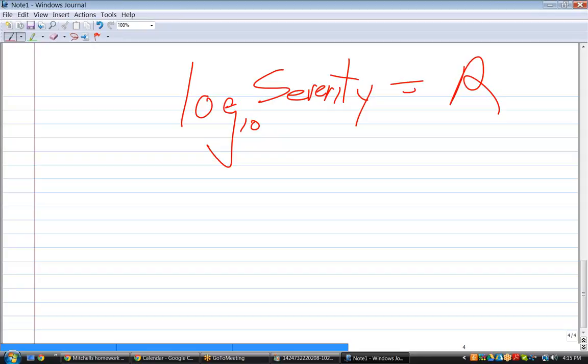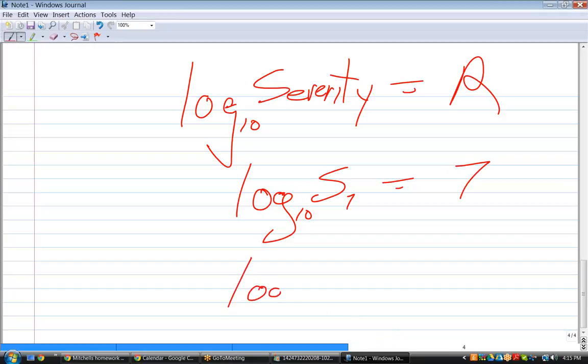So if one earthquake is a 7 and the other earthquake is an 8, then the severity is 10 times bigger. You see why? If I took the log base 10 of the severity of the 7, that's a 7. And if I took the log base 10 of the severity of 8, that's an 8.